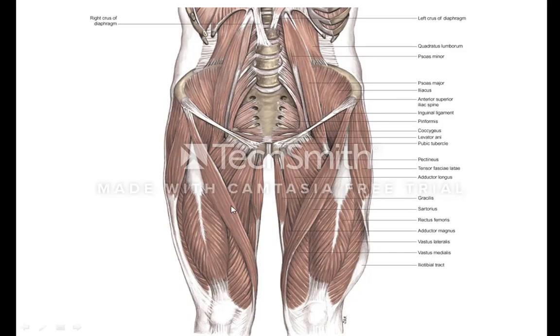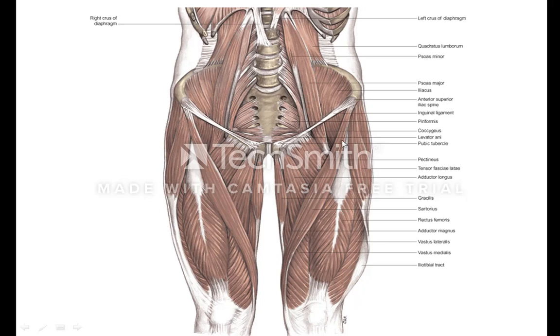Here we show the muscles of the anterior and medial thigh. As we can see, this is the psoas muscle, starting from here, the iliacus muscle, the pectineus muscle, and the adductor muscles.